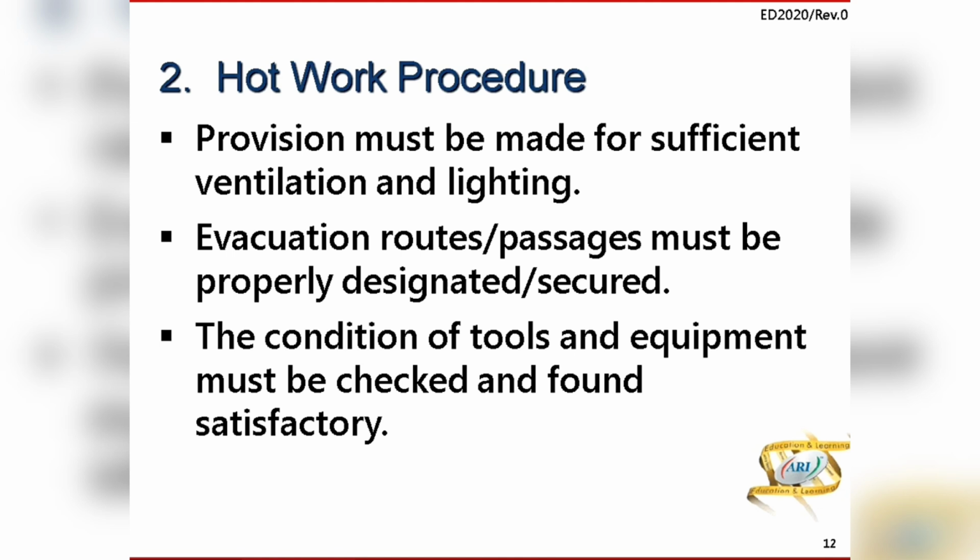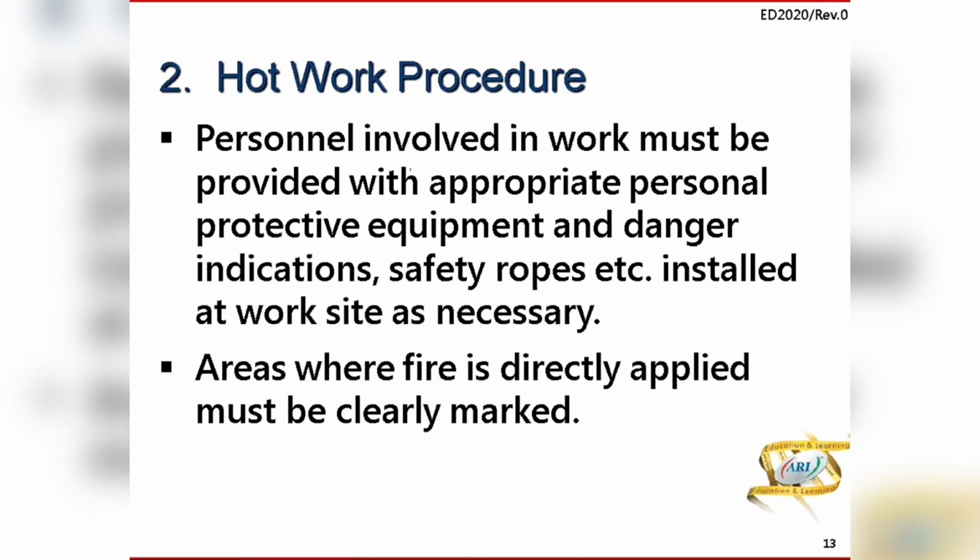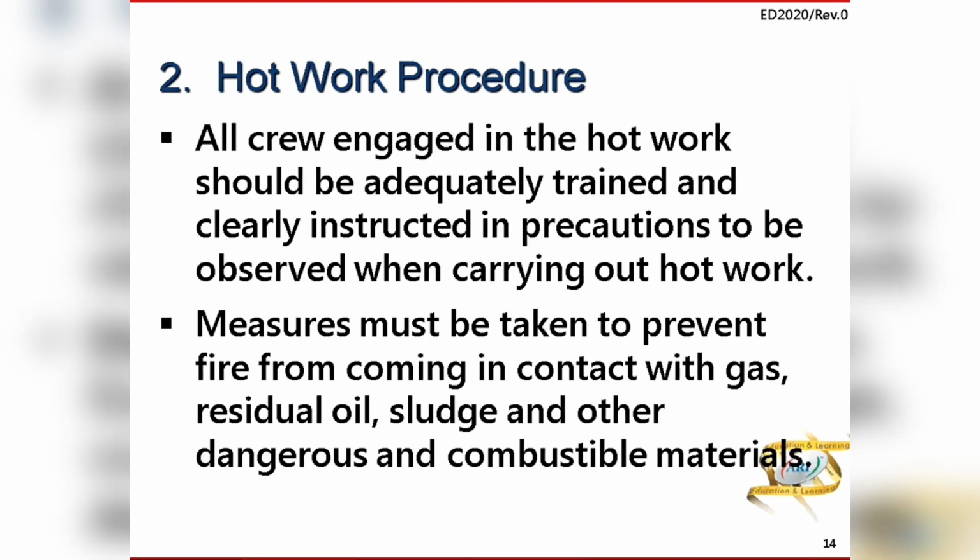The condition of tools and equipment should be checked and found satisfactory. Personnel involved in work should be provided with appropriate PPE, and danger indications and safety ropes installed. Insulation of the equipment to be checked properly prior to use. Areas where the fire is to be directly applied must be clearly marked.